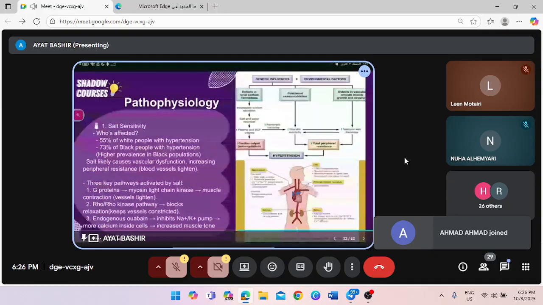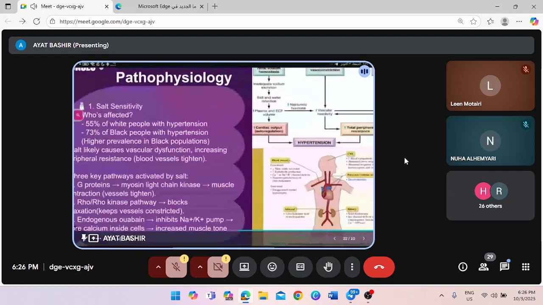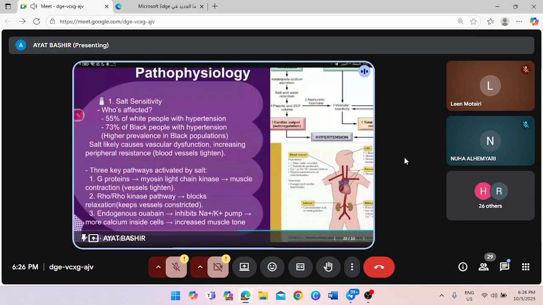It's very important. Salt has three main pathways to activate vasoconstriction or to raise the blood pressure. First, it can stimulate G protein in some subsets and make the vessel tight, stimulating muscle contraction. Or it works in the Rho kinase pathway, which keeps the vessel constricted and blocks relaxation.